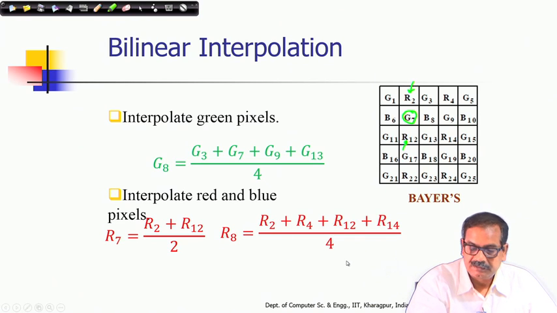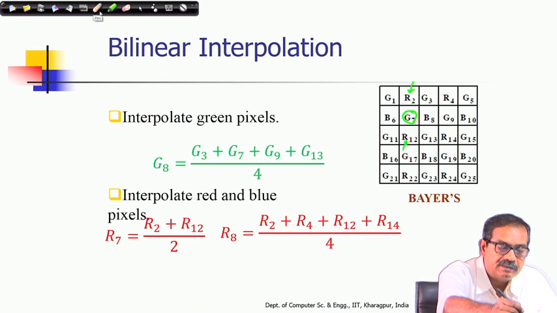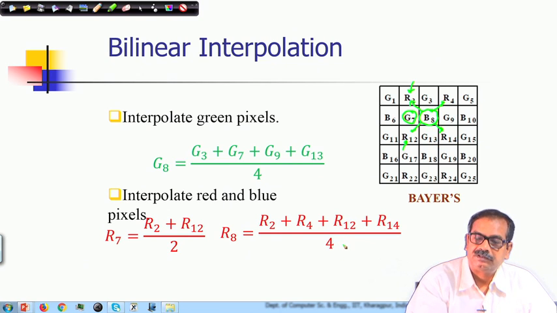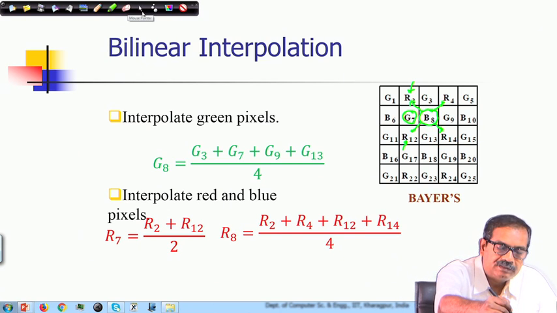Similarly, you consider this case. Here you have R8, just the location beside the previous one, and now the red samples are available in its diagonal neighbors. You can see R2, R4, R12 and R14, and then you take the average. This is the second case for interpolating red.